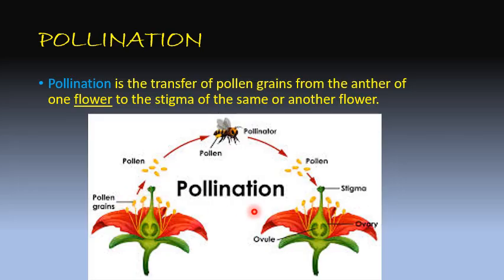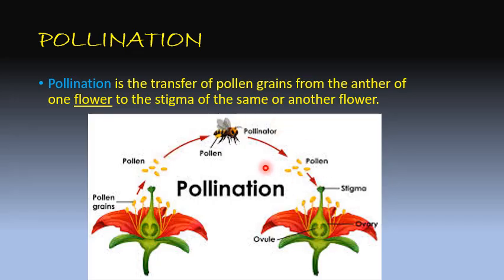Am I right? Here they have given two flowers. The pollen grains, the small yellow colored particles, will be transferred from one flower to another flower. From the anther, the pollen grains will be transferred to the stigma of another flower.